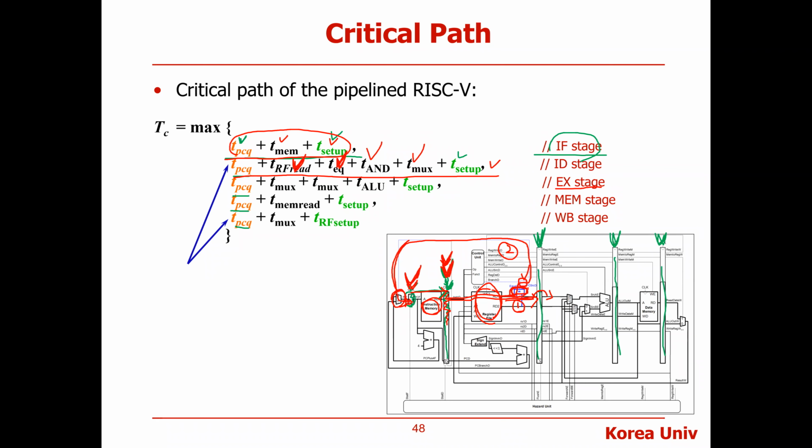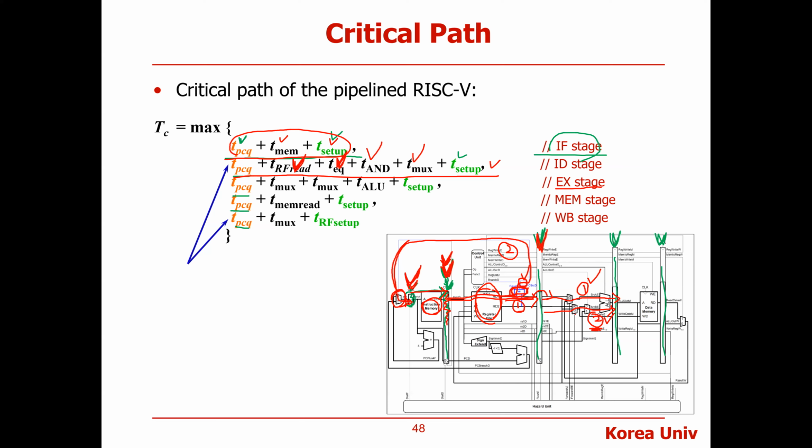And execution stage. Execution stage is simple, right? Starting from that pipeline register. So that is the one, and this is the one. Comparing these two, the first operand and second operand, probably the second operand path is taking longer, right?